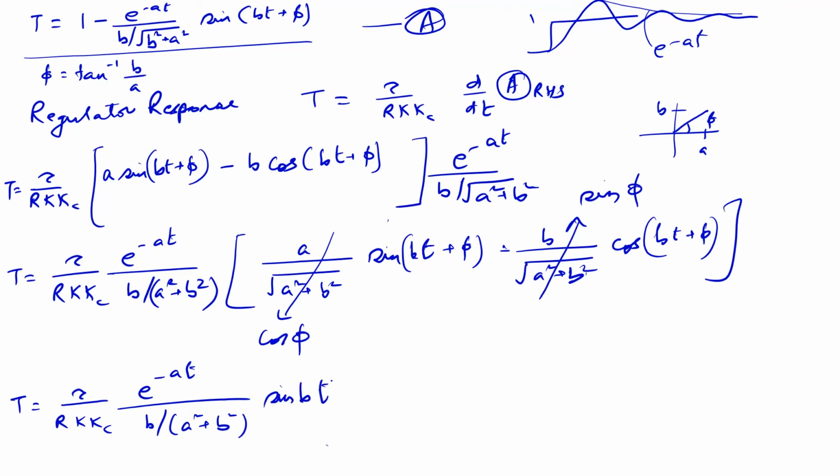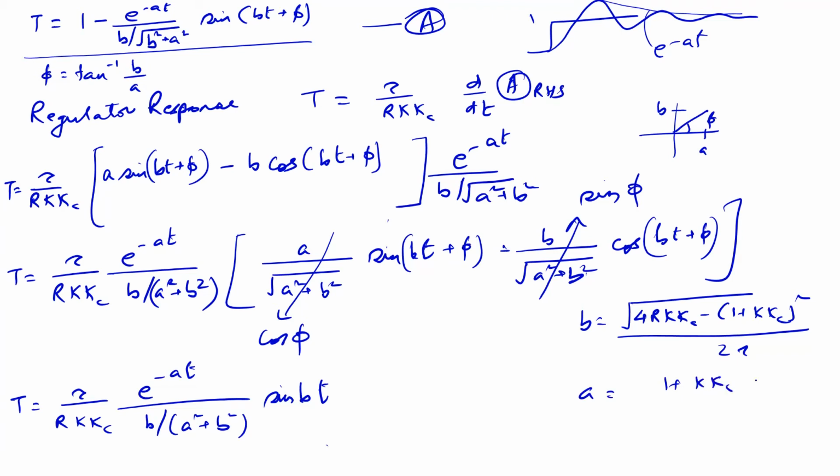Now if you substitute a and b, b is actually the square root of 4r kkc minus (1 plus kkc) whole square, divided by 2 tau, and a is equal to (1 plus kkc) divided by 2 tau.